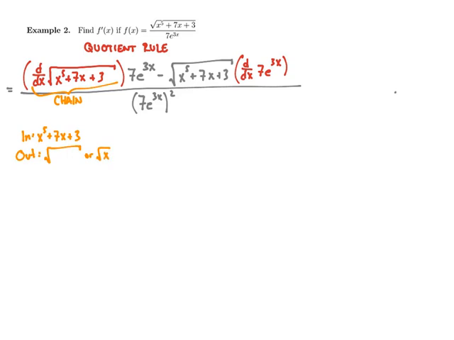When I take the derivative of that, this is going to be x to the 1/2 power. This is going to be 1/2, whatever's on the inside, to the negative 1/2 power. We're going to leave the inside alone. And we're going to multiply by the derivative of the inside.